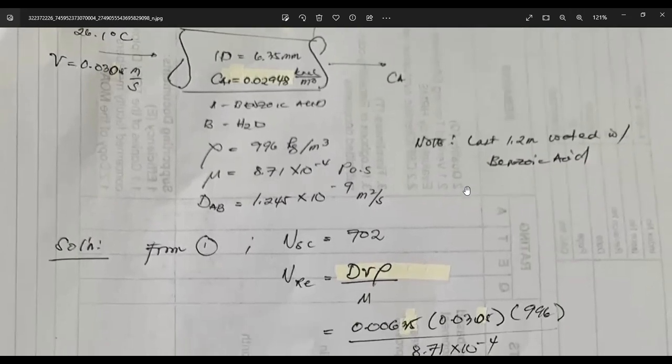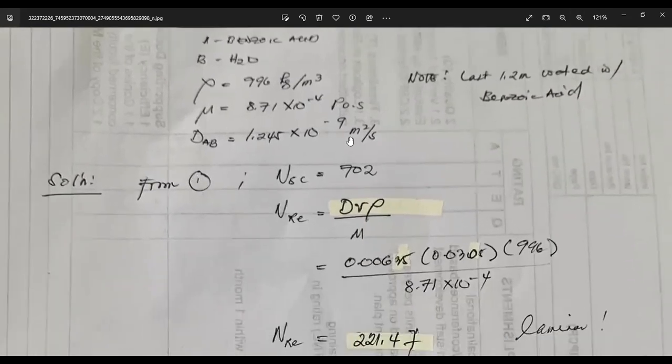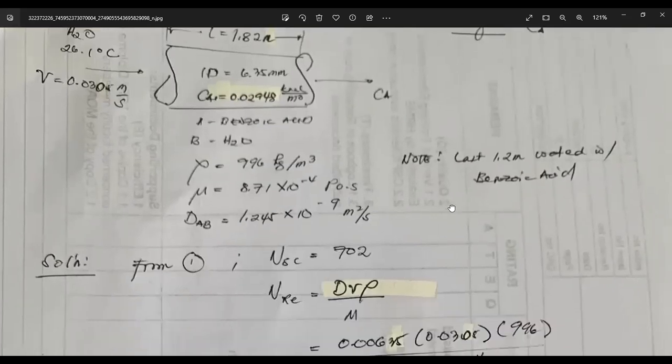From the first sample problem, which uses the same info, you already have the Schmidt number. At this time, you change the formula for your Reynolds number. You don't have a flat surface anymore, so you're going to use the diameter. So dV rho over mu. Everything is there. You just substitute.